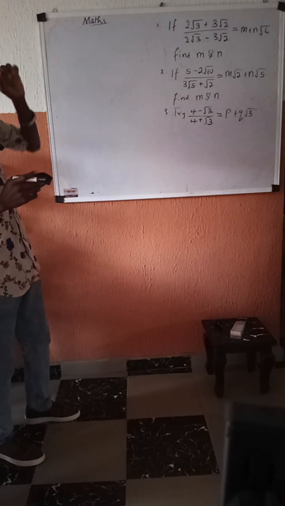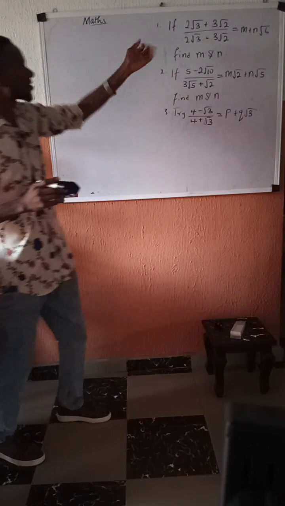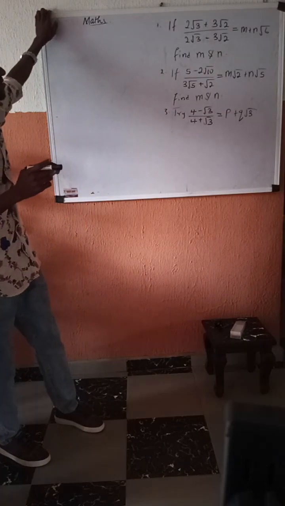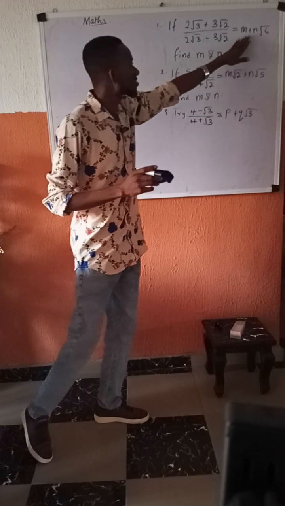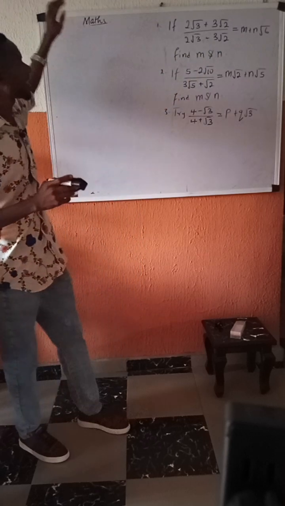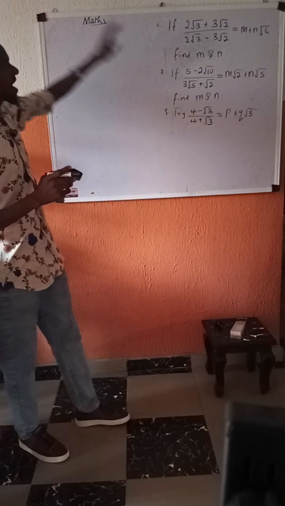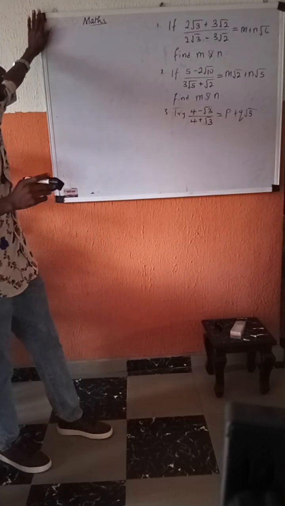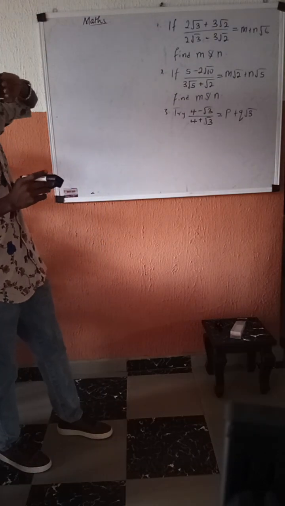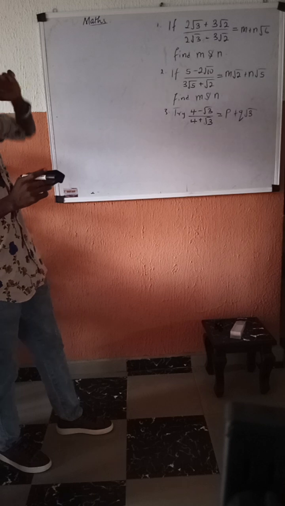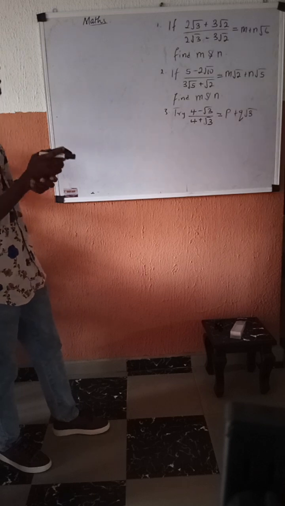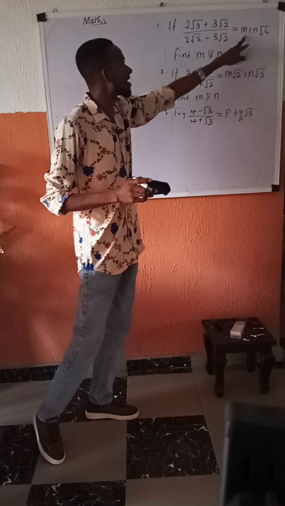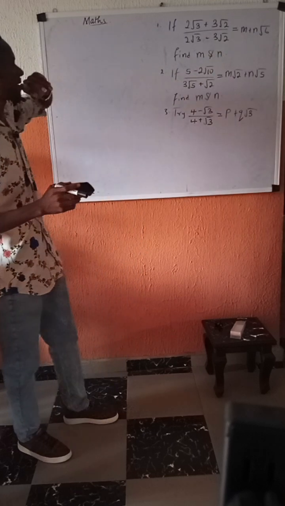Today, we should be looking at an equation that is in the form of a surd equated to an expression in m and n, and we are asked to find the values of m and n. It is important not to misunderstand this equation to be a simultaneous equation simply because of the presence of the two variables m and n.